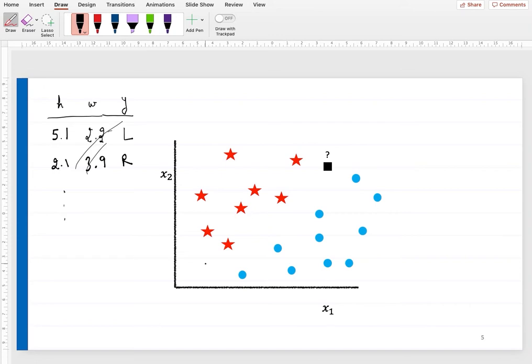Now, from this graph, I see a pattern emerging. That pattern is that my roses are kind of clustered in this area. My lotuses are kind of clustered in this area. Means they are grouped in one location. This is very nice because this means I can do something interesting. I found a pattern in the data.